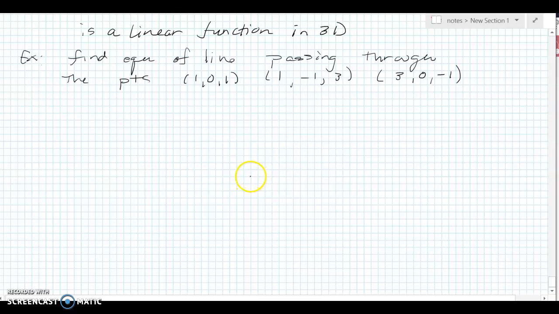All we have is 3 points here, so there's a few things that we can do. Remember, we want to get to z equals mx plus ny plus c.